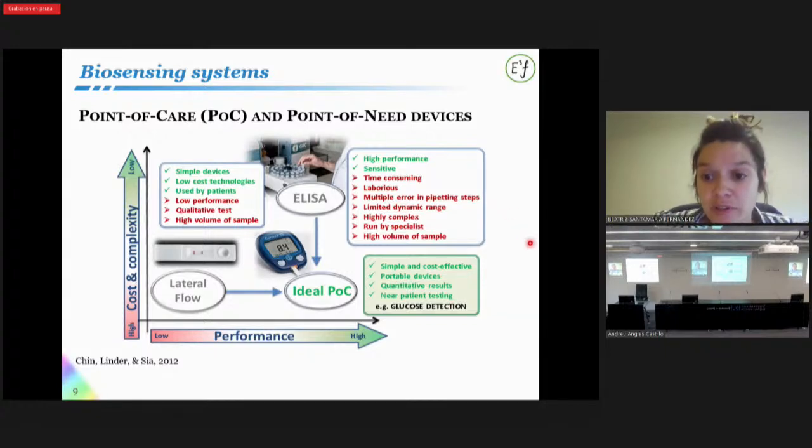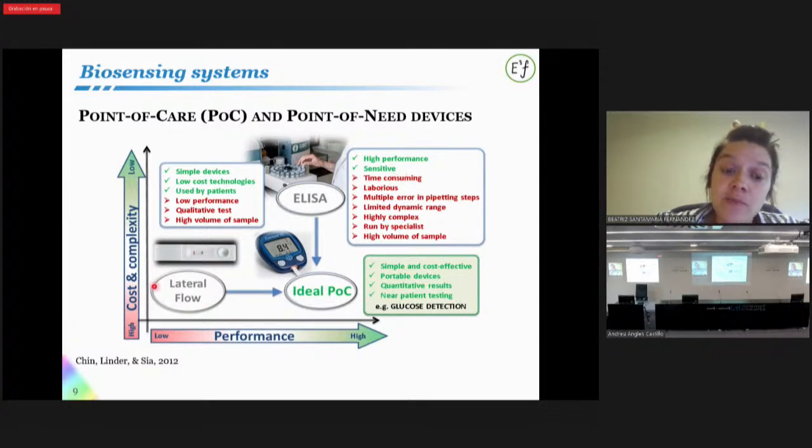There are many point-of-care devices in the market. There are some that perform very well, very sensitive, but they also are very time consuming, very, very expensive, and they probably need a high volume of sample.